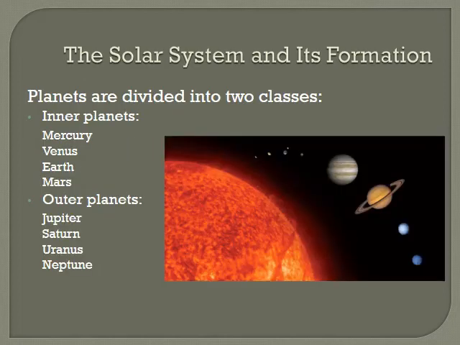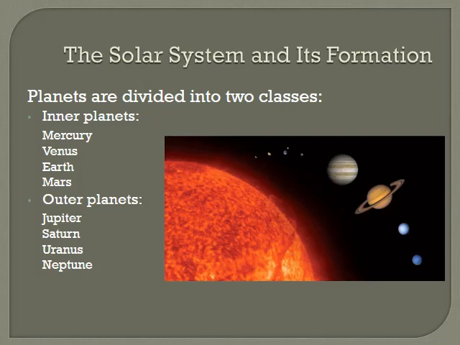Now, when we say solar system, the things that really leap out are the big objects, which include the sun as well as the planets. As we're going to learn a little later in this module, the planets can be broken down into two different groups, classified as either inner planets or outer planets.